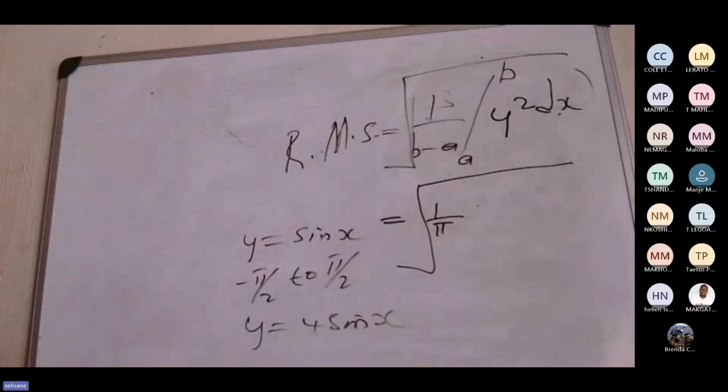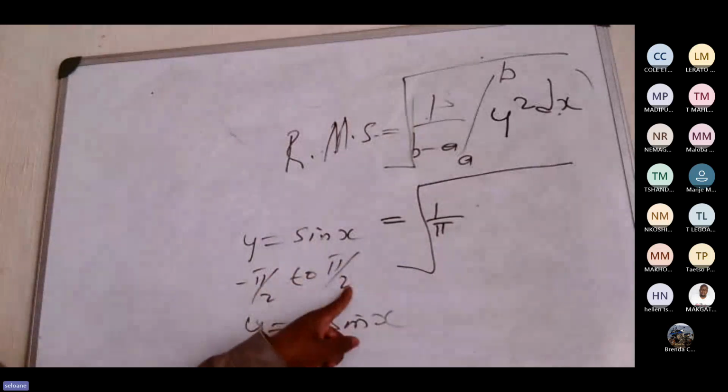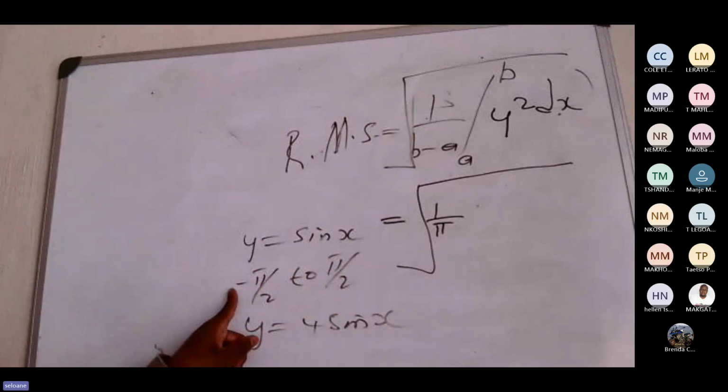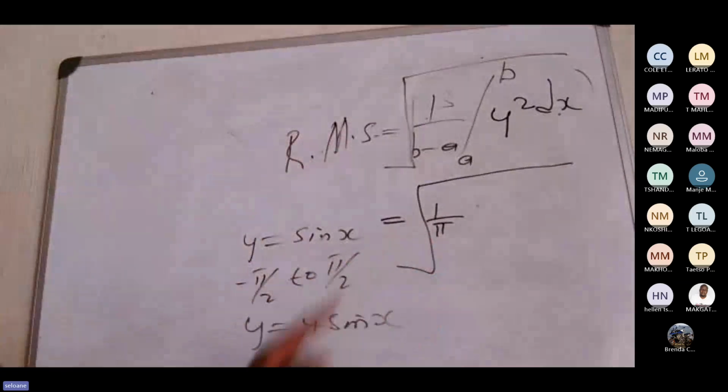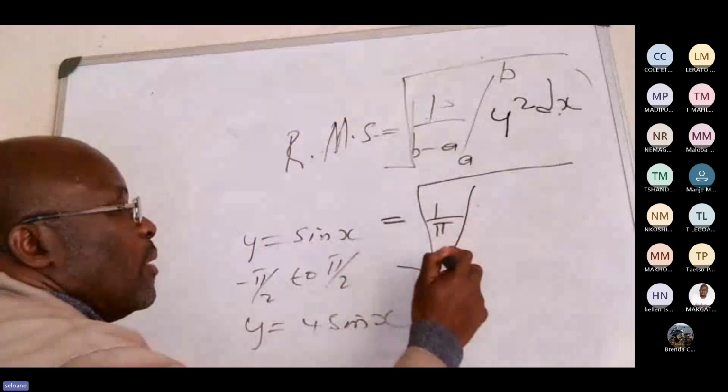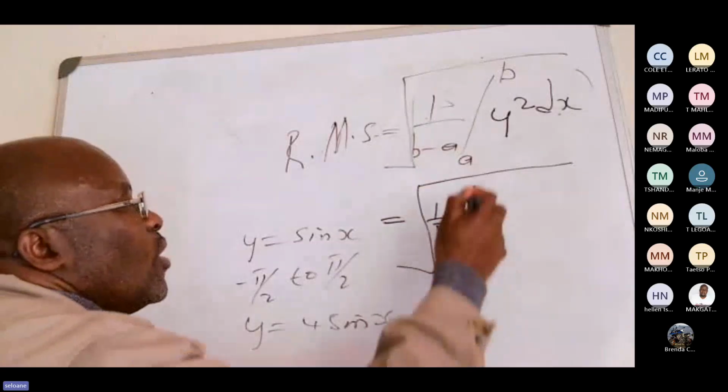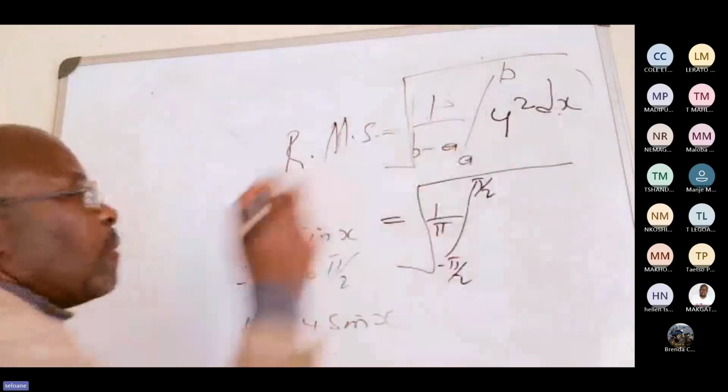It will be pi over 2 minus negative pi over 2, which will be 2 pi over 2, which is this. Integrate from minus pi over 2 up to pi over 2.